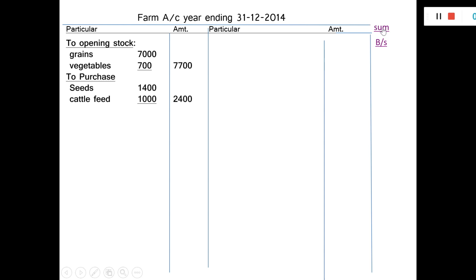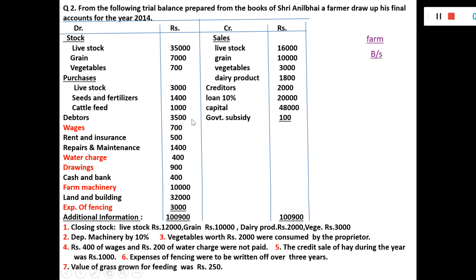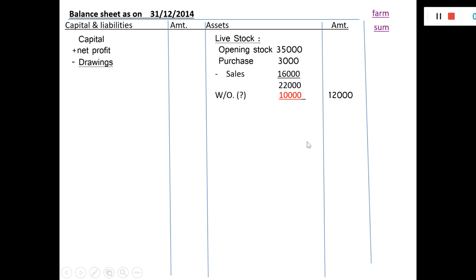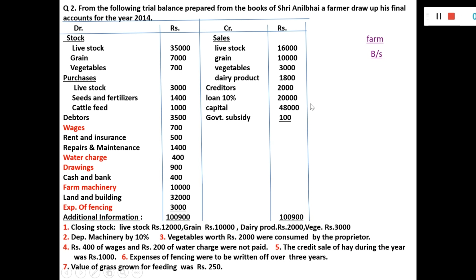Go to the sum again. Debtors 3,500. It is written in the balance sheet. Debtors rupees 3,500. Go to the sum again.